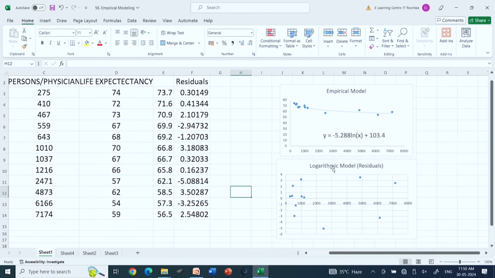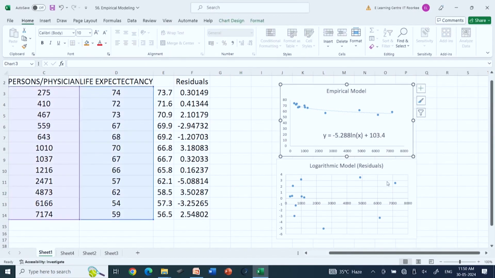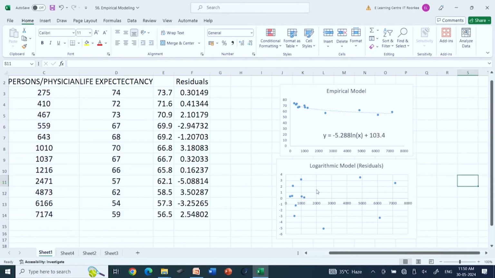As I was telling, how will you know that this is a good fit? We will know it from here, if you see the number of points on the top of y equal to 0. y equal to 0 is this straight line. This is the x axis whose equation is y equal to 0. You can see that 1, 2, 3, 4 points, and here also 1, 2, 3, 4.